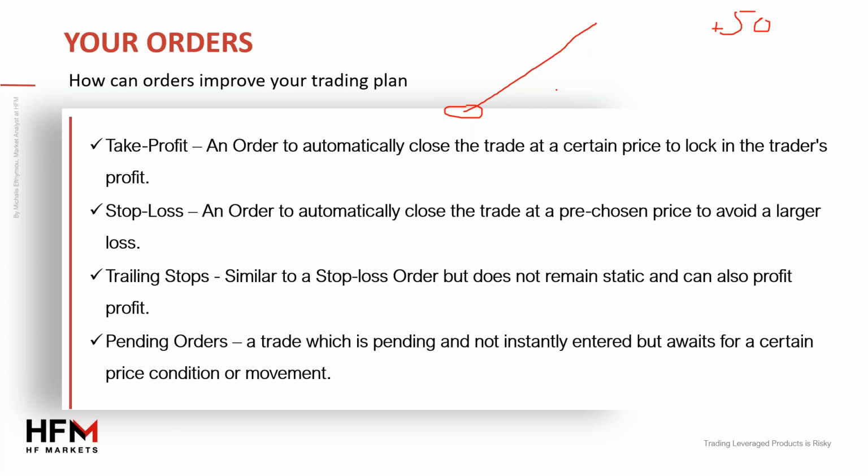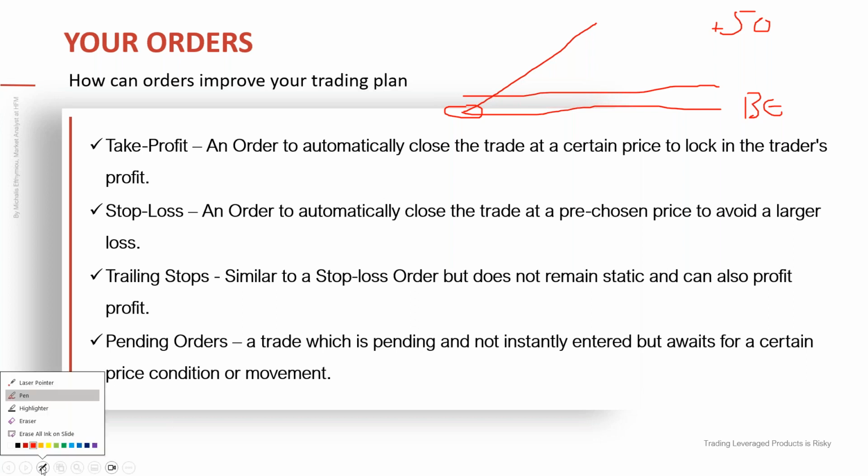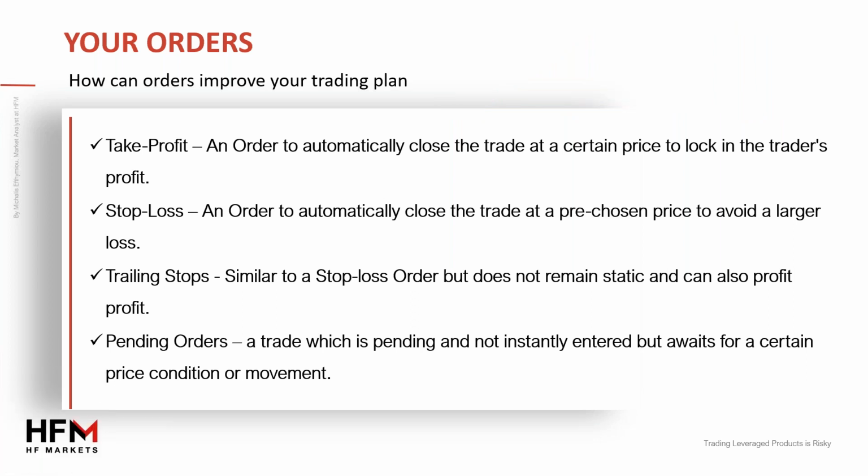I want to secure either a break even or a certain level of profit. So what they'll do is they'll place a trailing stop at the break even, so that trade cannot go into a loss, or they may have a trailing stop slightly higher, so there's a small profit at least. So this is an option for trailing stops.